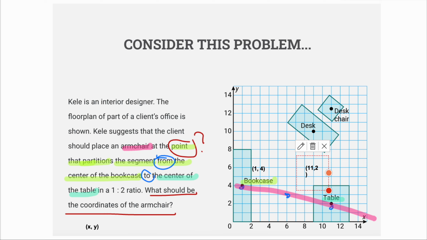Yes. There was that question. Someone said, I don't know what 1-to-2 ratio means. Okay. We will figure that out. But does anyone know or remember what a ratio might be? A ratio is almost like a relationship between two amounts or two distances, any two numbers in relation to each other.